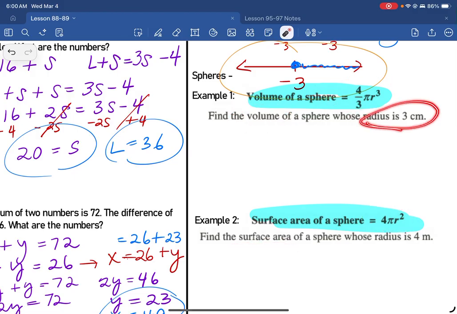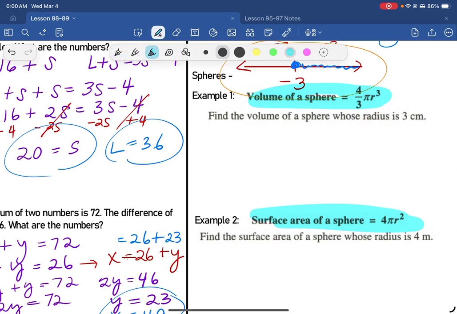The radius is 3 centimeters, so that's important information, because I'm going to plug that right there in place of r. So, volume equals 4/3 pi, the radius 3 cubed. All I did was plug that in.